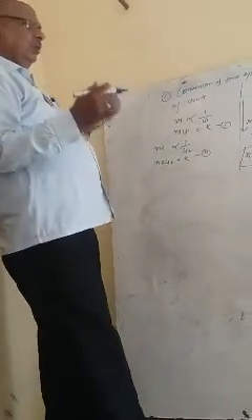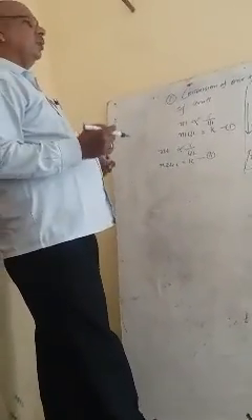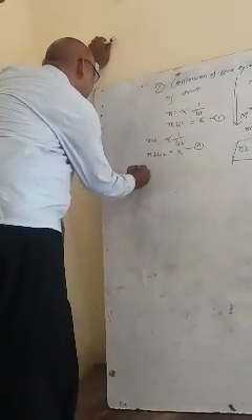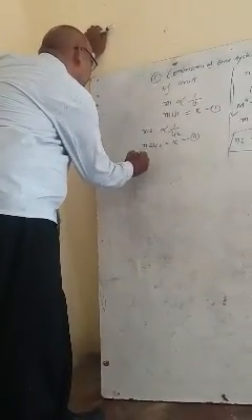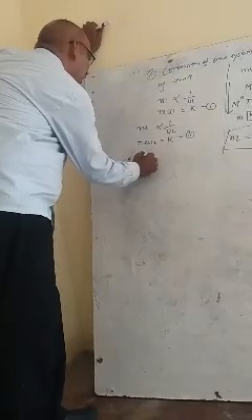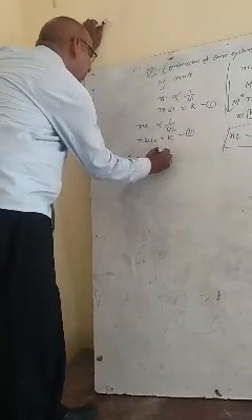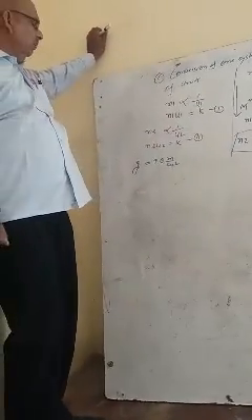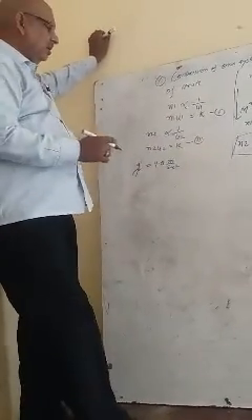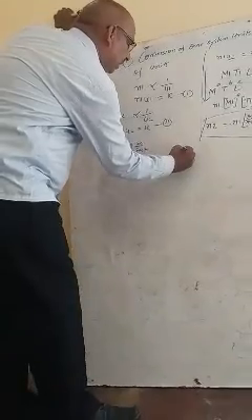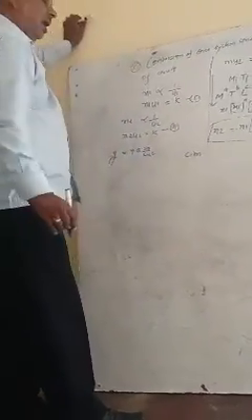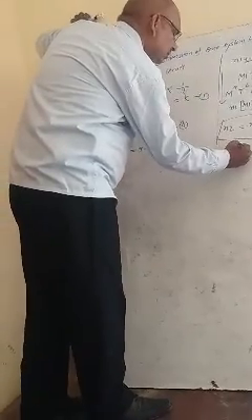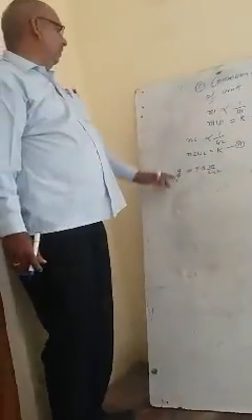For example, we have a question. The value of g, acceleration due to gravity, is 9.8 meter per second square. If you want to measure length in centimeter and time in minute, then what is the numeric value of g?